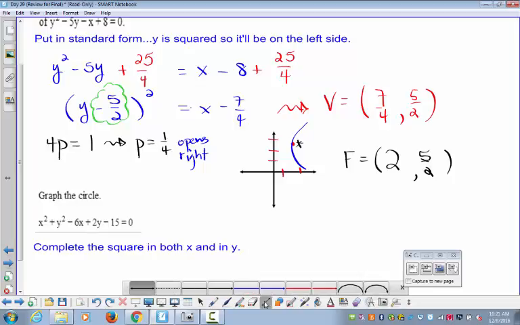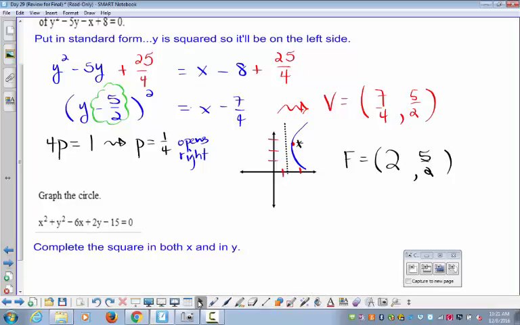And then the directrix. The directrix is right there. It is first and foremost a line, not a point. It's not an ordered pair, so it should have an equation. It's a vertical line, so x equals a constant.